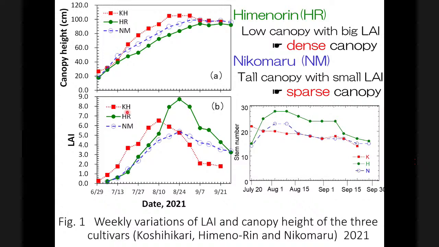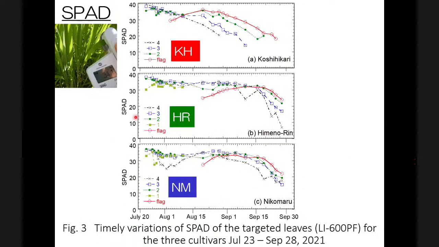Now the SPAD value measured manually. SPAD value normally increases after leaf extension, reaches a peak, and then decreases due to senescence.